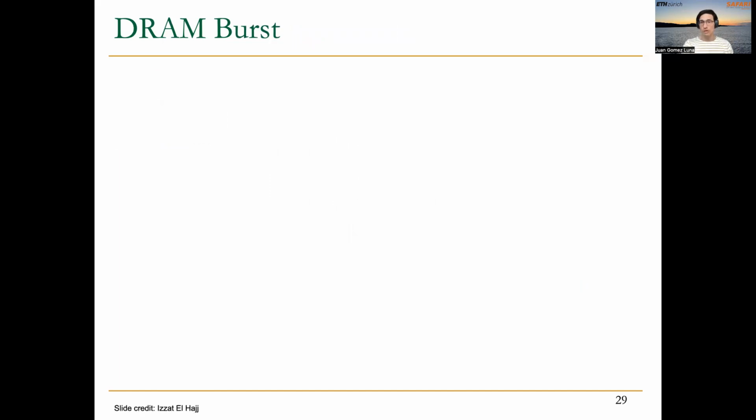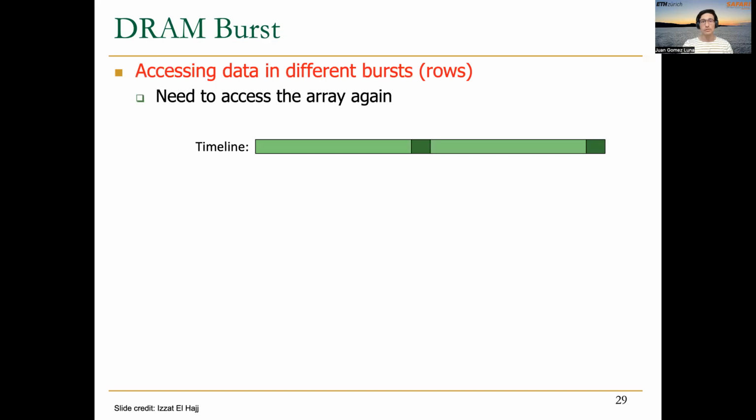So these rows are also called DRAM bursts. And as you have just seen, if we access data that resides in different bursts, we will have to pay this long latency of opening the row, basically transferring a new row from its original location to the row buffer. So if we have two consecutive accesses to data that resides in different rows, we'll have to pay the long latency of opening row 0, access the data, and then pay the long latency of opening row 1, and then access data.